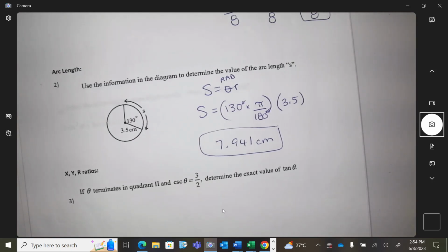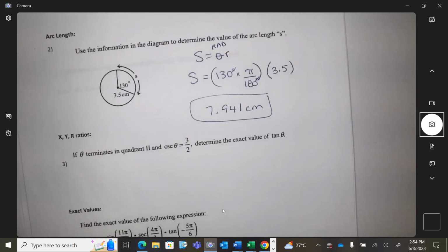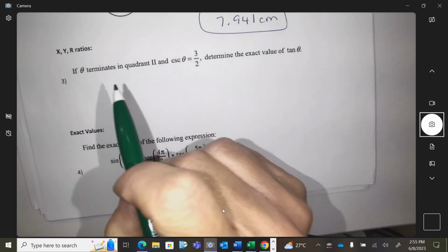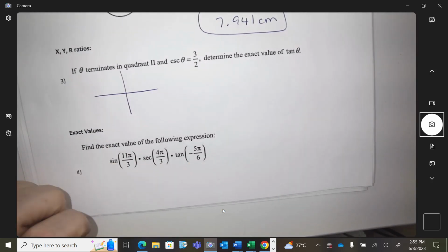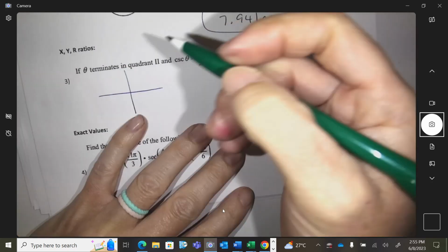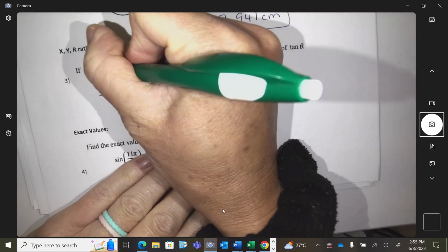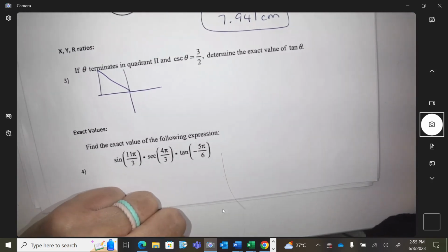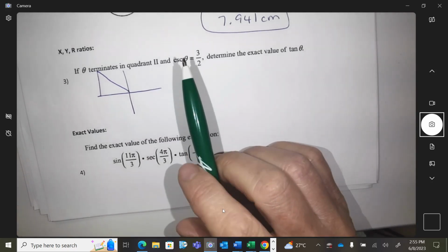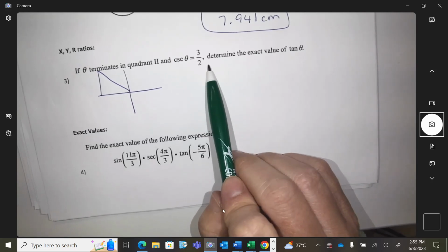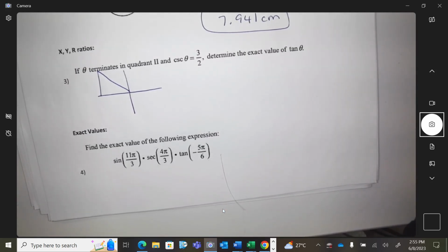Okay, XYR ratios. If an angle terminates in quadrant 2, so you better know your quadrants, it told me the cosecant theta ratio.